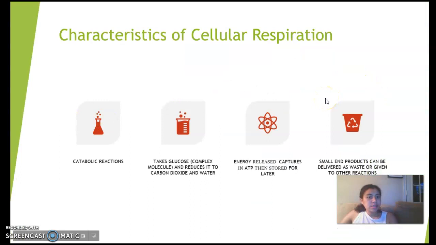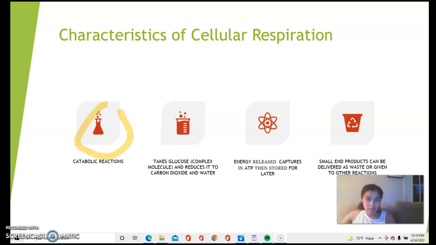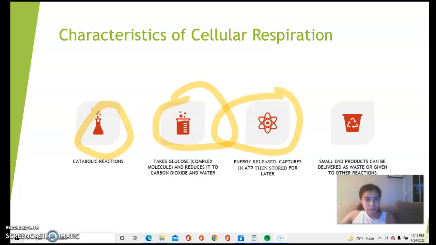Now, is cellular respiration a catabolic or anabolic reaction? Well, right here we have it's a catabolic reaction on larger molecules. It will take the complex molecule glucose and reduce it to carbon dioxide and water, and once the energy is released, it will be stored in ADP, like I said earlier.